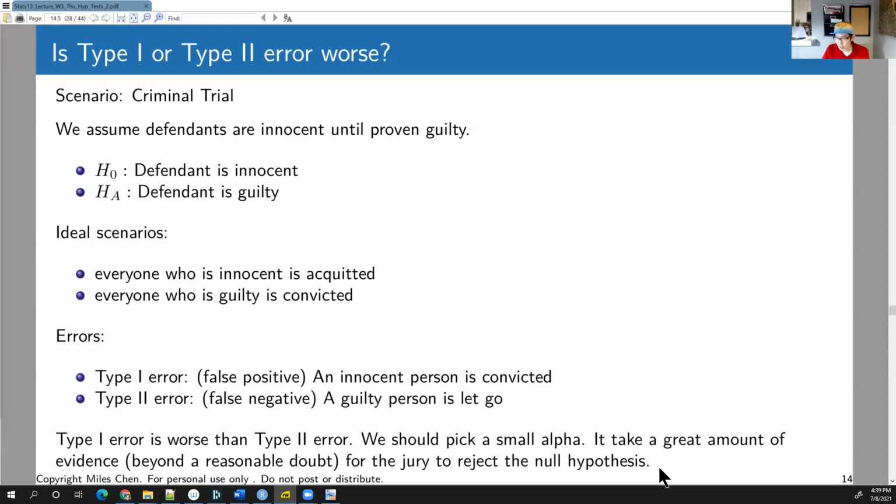One of the arguments against it is that executing an innocent person, killing an innocent person, is a great crime of society. And the only way you can guarantee that this will never happen is to never execute anyone, right?